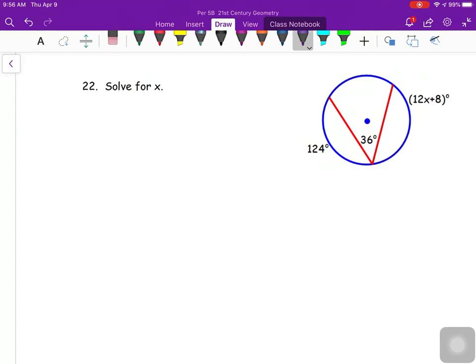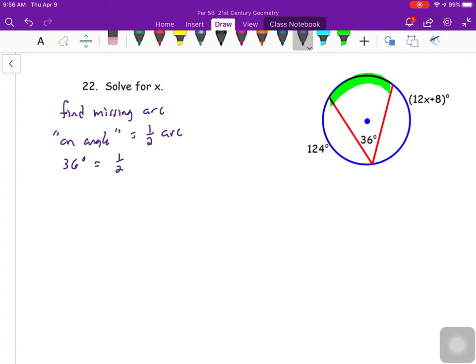So once again, we filled in what we knew, then we figured out what kind of angle we had, then we filled in our information. Now, to do this one, I think we have to find the missing arc. So our first step is going to be finding the missing arc. Now, to find the missing arc, we once again have an on angle.